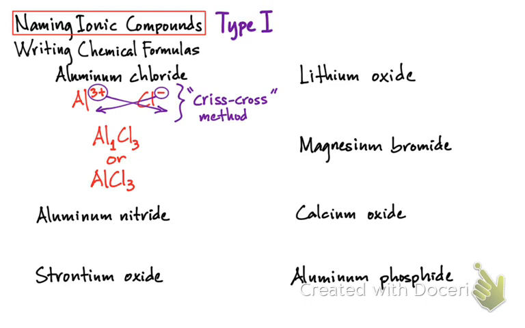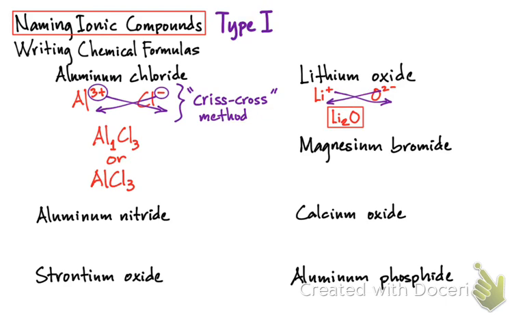So a lithium ion has a positive 1 charge, because it's in group 1A in the periodic table. Oxide has a negative 2 charge because it's an oxygen based anion here. So you have Li+ and O2-. So what you can do is you can do the crisscross method. So this becomes Li2O. Okay.